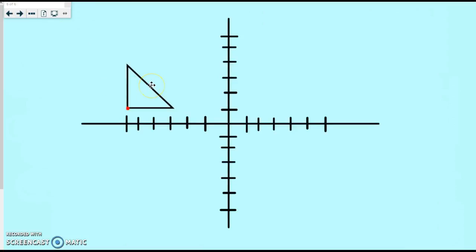Alright, so lastly, I'm just going to give a quick review of rotation, translation, and reflection on the grid axis. So I've already made my figure and grouped it together. So the first thing I'm going to do is show a rotation.